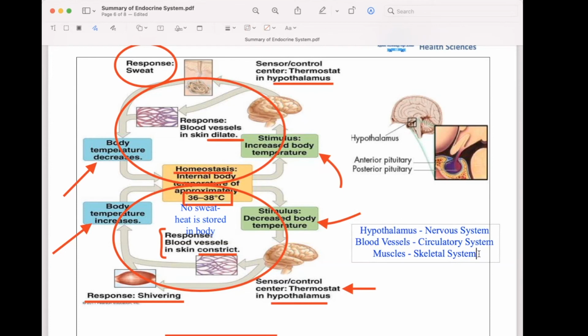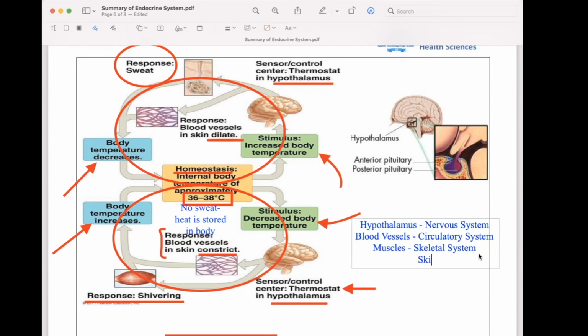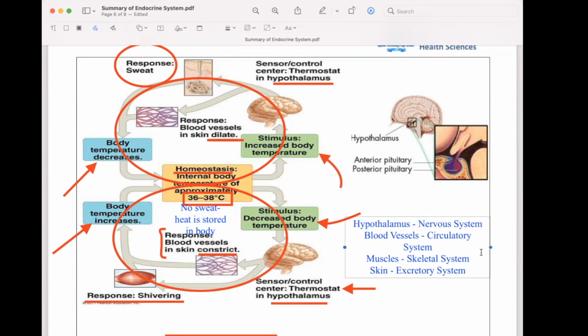And also here, if you notice, you involve your skin, which produces sweat, right? The skin is releasing sweat, so we can say that at this moment skin is acting as an excretory system because it is removing some wastes from your body, which is sweat.